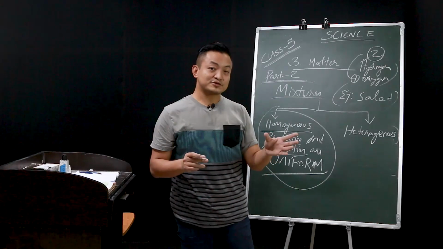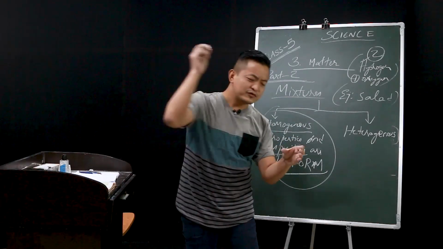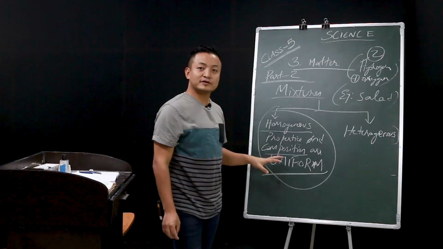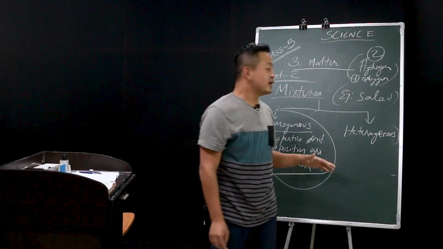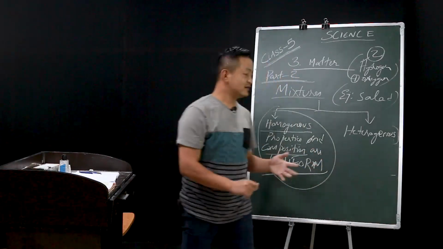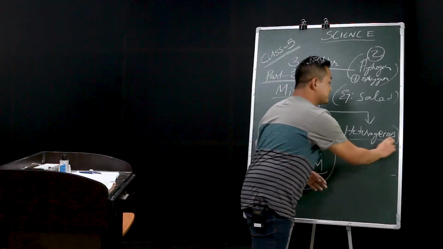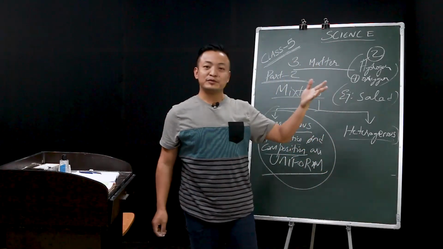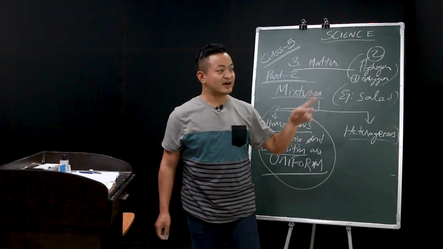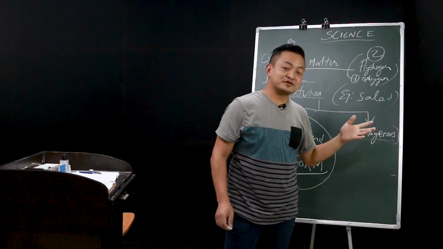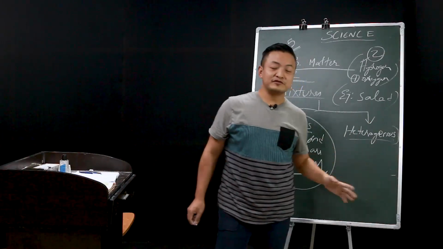If you put some oil in water, would they act like salt and water? No, because they hate each other. In a heterogeneous mixture of oil and water, you'll be able to identify that this is oil and this is water, because the properties and composition are not uniform.